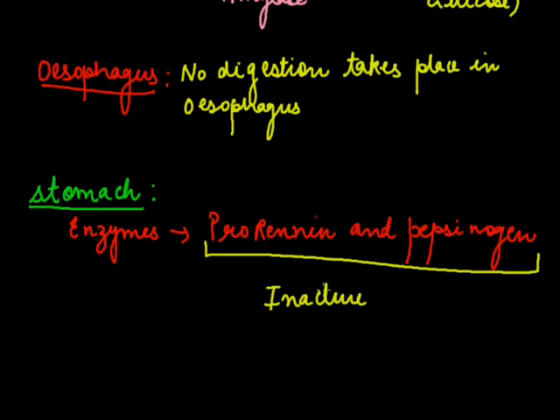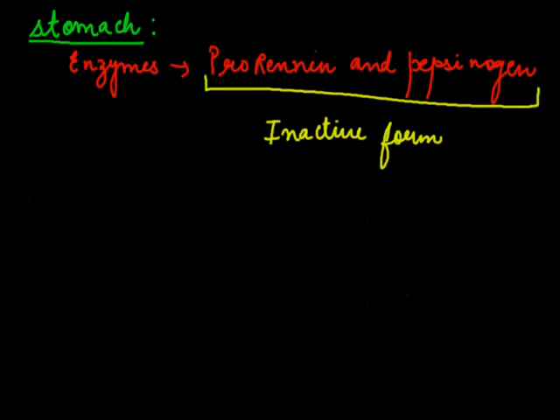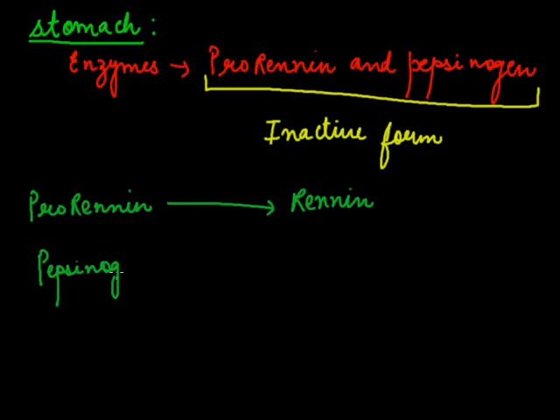They are converted into their active form. How? Prorenin is converted into renin and pepsinogen is converted to pepsin.